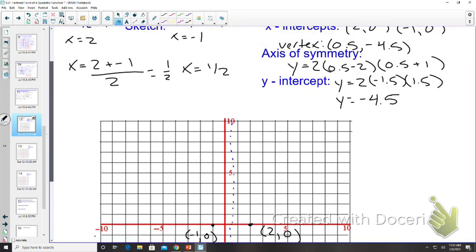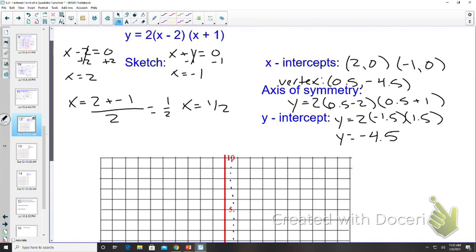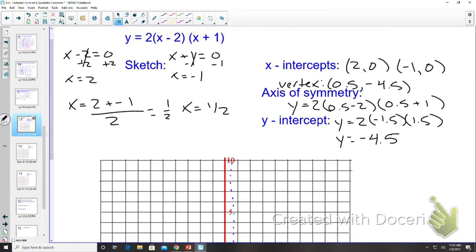Okay, and what's last? My y-intercept. What do we know at the y-intercept? X is going to be 0. Very good. Okay, make sure you know that. That's very important. X equals 0 at the y-intercept, so now we'll just find the y-coordinate of that. So (0 minus 2)(0 plus 1).